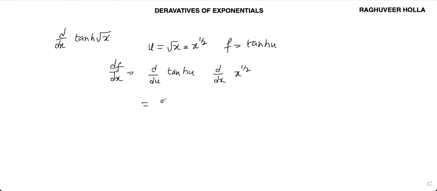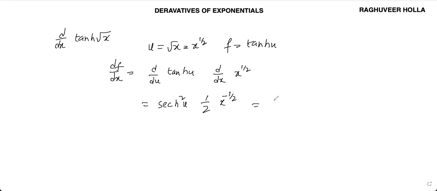So this is sech squared u, and this is half x to the power of minus half.